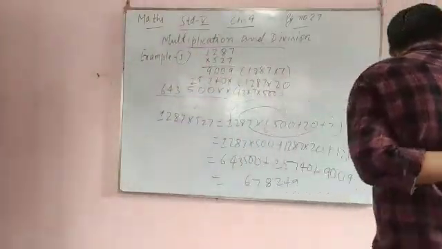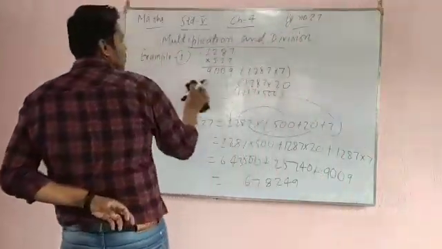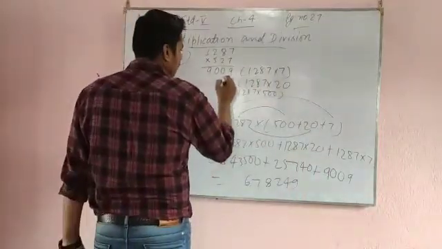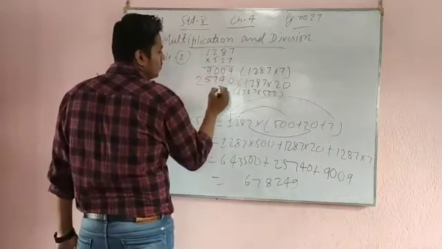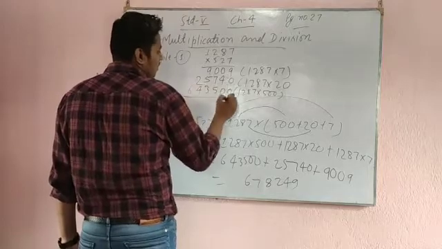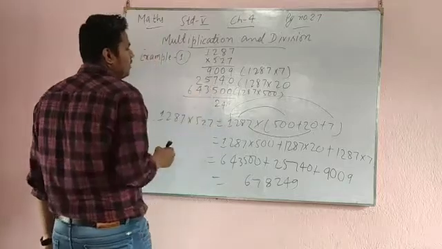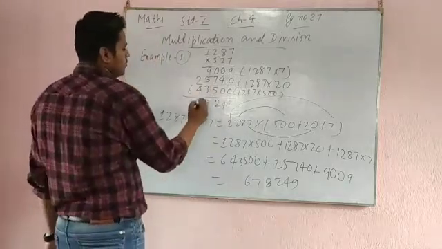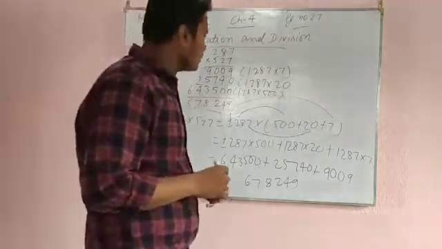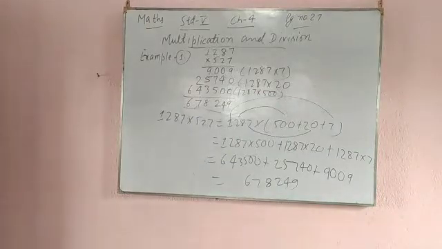Now add it. The total is 6,78,249. Understood, students?